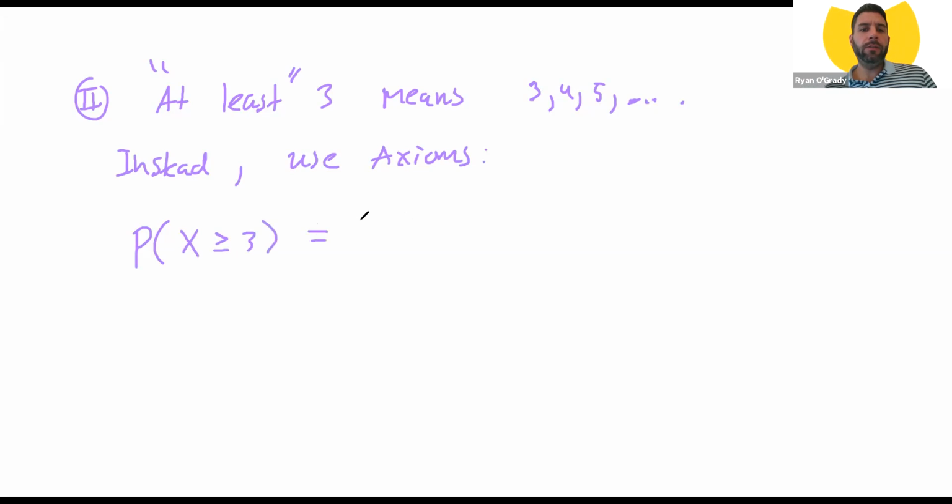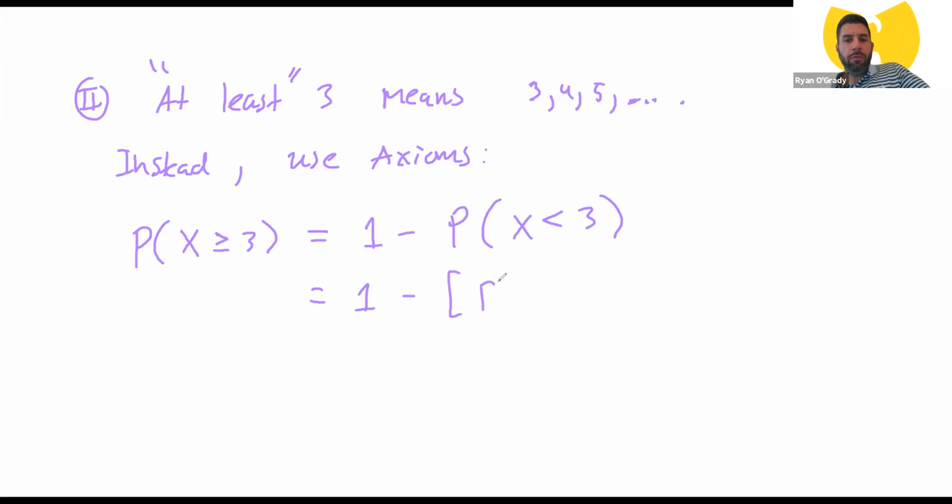So the quickest way, and in fact, in this problem, really the only way to do it, is to say 1 minus the probability that x is less than 3, the complement. And so we already figured most of that out. That would be the probability that x is equal to 0 plus the probability that x is equal to 1 plus the probability that x is equal to 2.